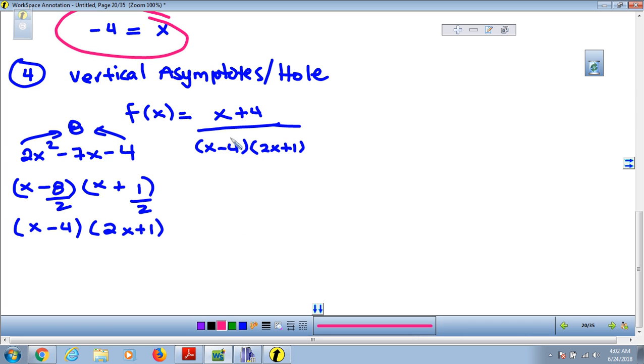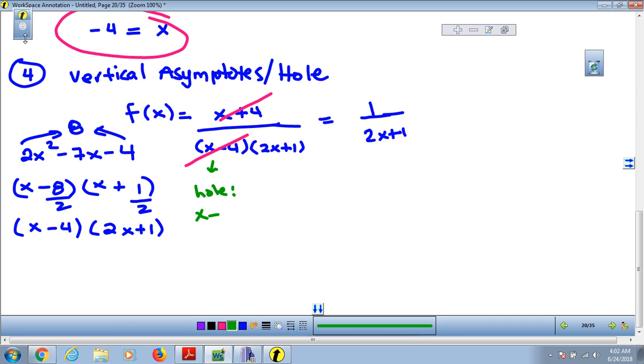Okay, so it was important to factor the numerator and denominator, or any of them that could be factorable, because you see here these two expressions are going to cancel each other. So the reduced version of this is going to be 1 over 2x plus 1. And that's going to change things. So this, it's going to be the hole. The hole on the graph is x.